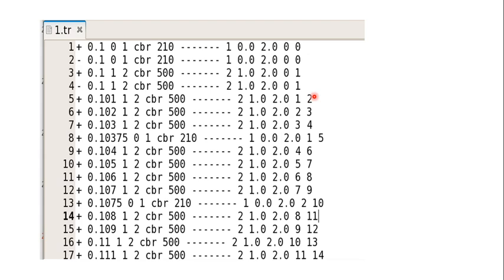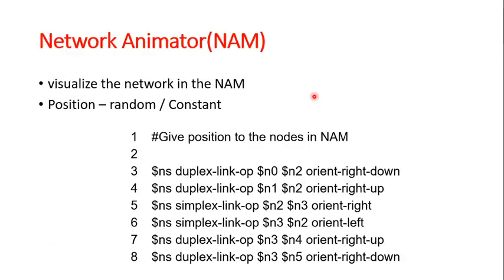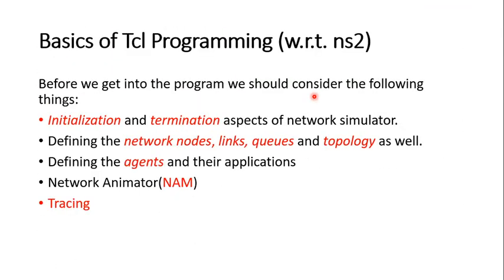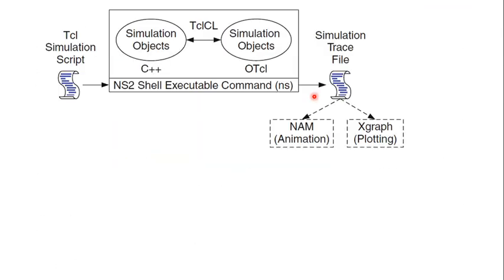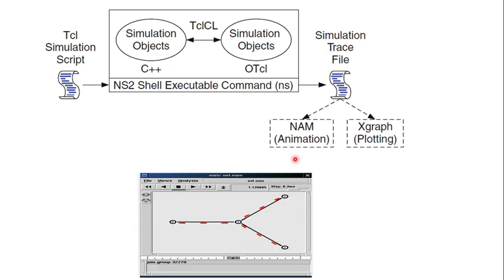So till now we have seen how to have a trace, how to create the TCL file, and to execute it. As soon as you execute, how the trace file is created, and from that, how the NAM file, the network animator, looks.